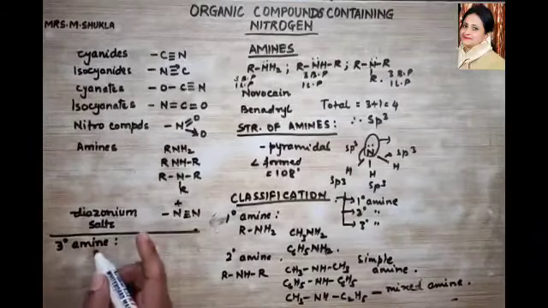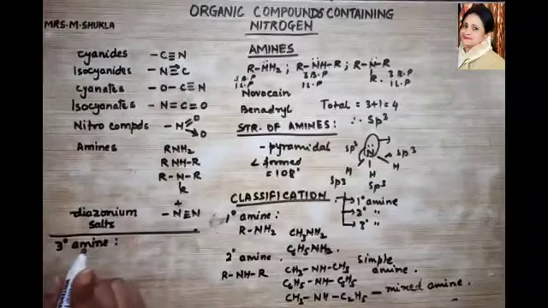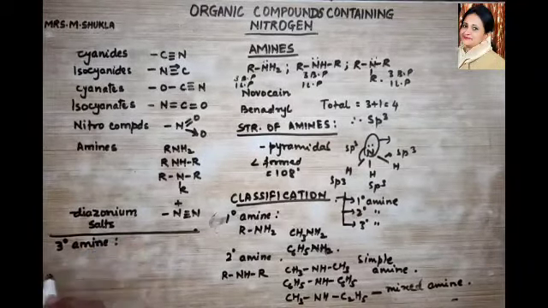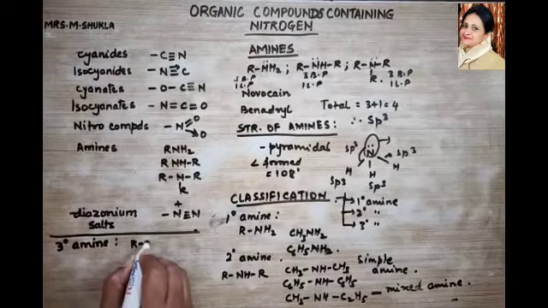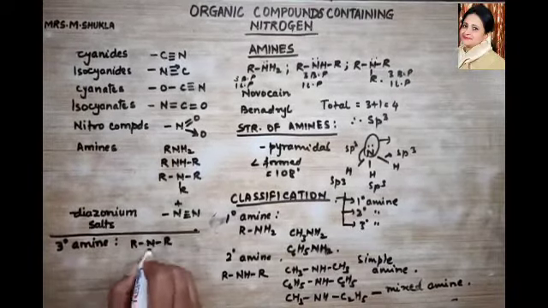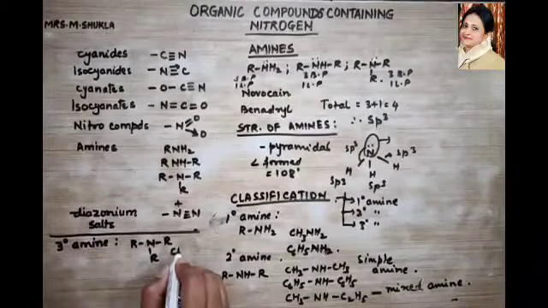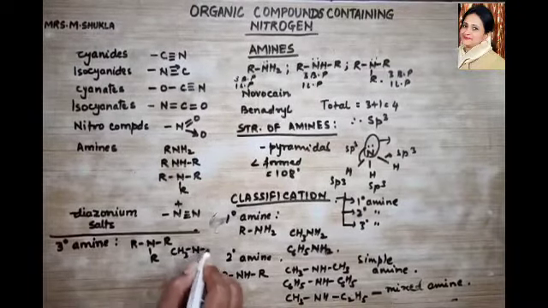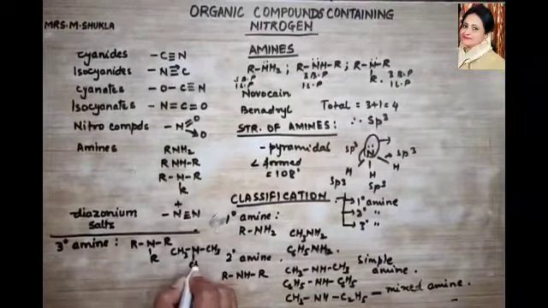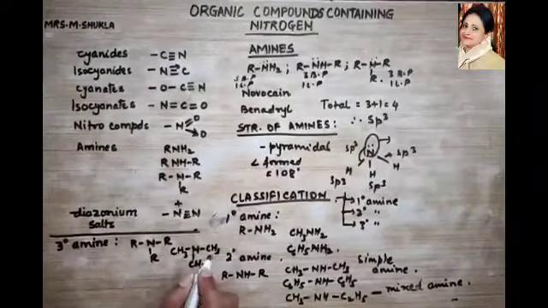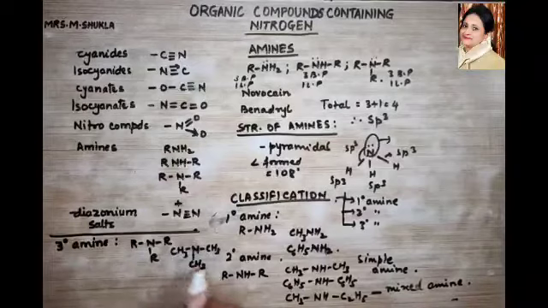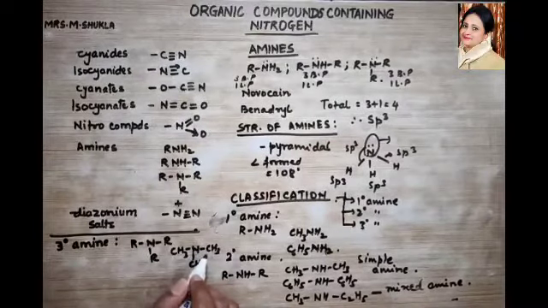Over here 3 hydrogen atoms are replaced by alkyl groups. This will be your general formula. For example, it could be CH3NCH3CH3. Then this is termed a simple tertiary amine.